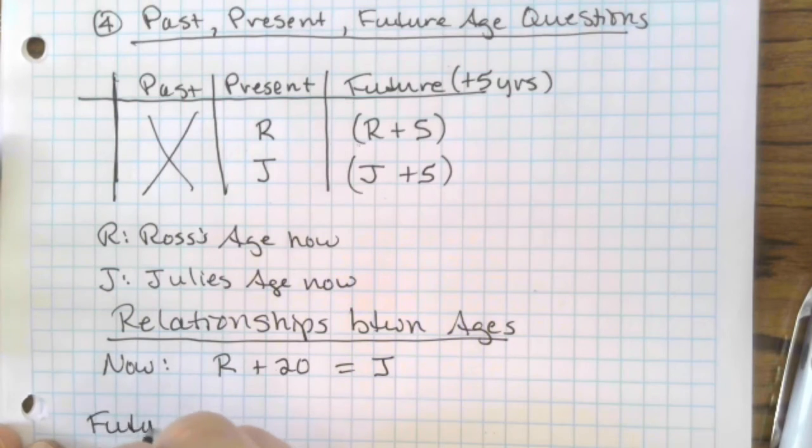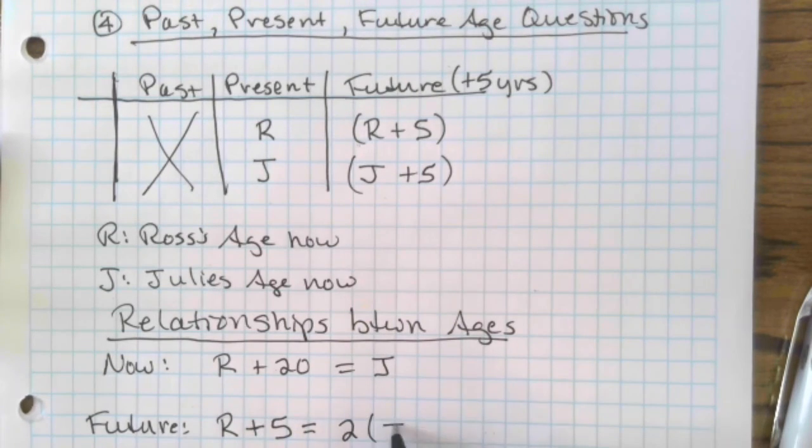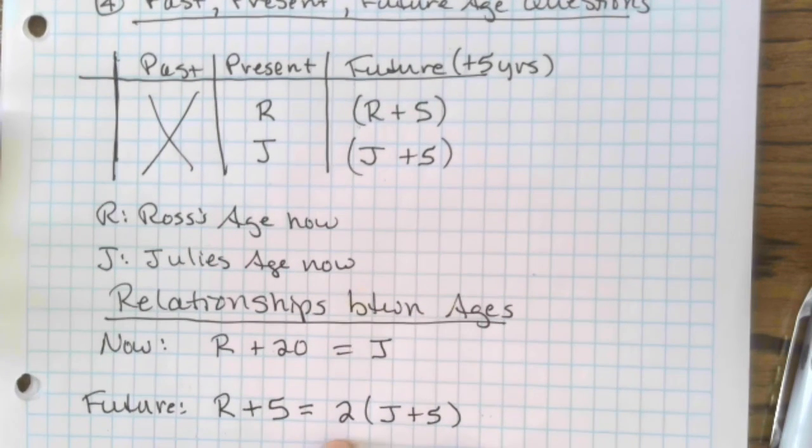In the future, which is 5 years in the future, her uncle will be twice as old as she will be. So in 5 years, Ross's age will be R plus 5, and that is twice as old as she will be, so twice Julie's future age, J plus 5. So Ross's future age is equal to 2 times Julie's future age. And those are your two equations.